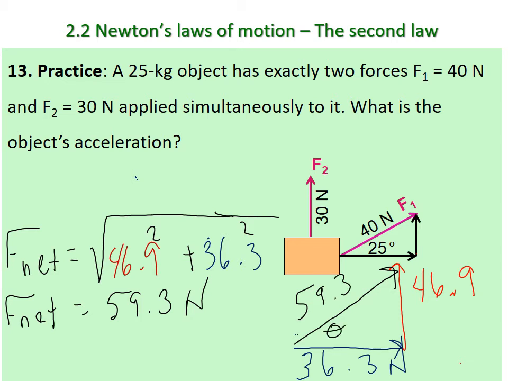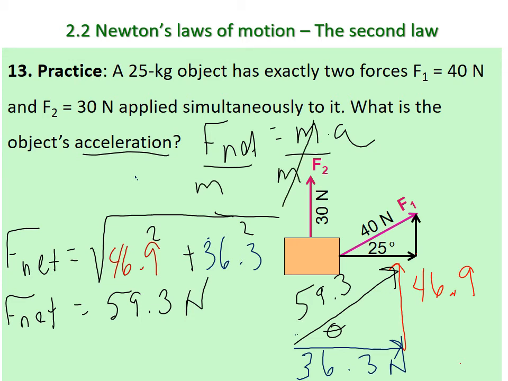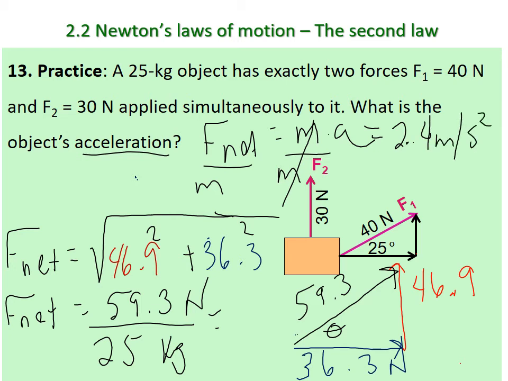Let's get an angle for this as well. We'll get the acceleration because we need the object's acceleration. F net equals mass times acceleration. So to get acceleration, I'll divide by mass on both sides. In this case, I have 25 kilos. 59.3 divided by 25 kilograms gives me an acceleration of approximately 2.4 meters per second squared.